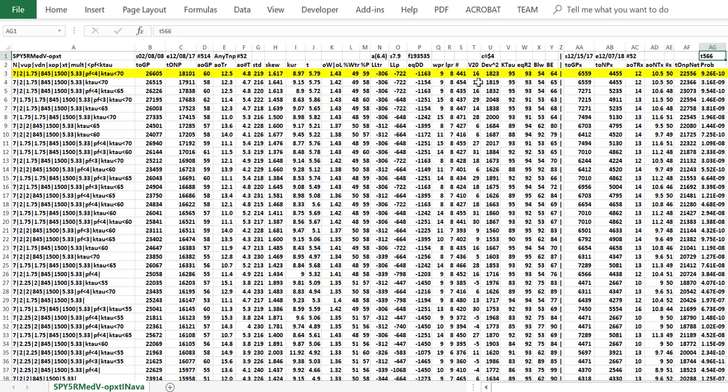On the row 1 columns, let me describe. The entry in column A that you see right here is just the Power Walk Forward Optimizer stub that we generated when we generated the Power Walk Forward Optimizer files. Column B is the start of the out-of-sample period, in this case 2808.